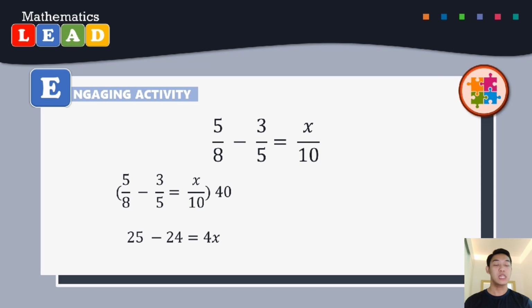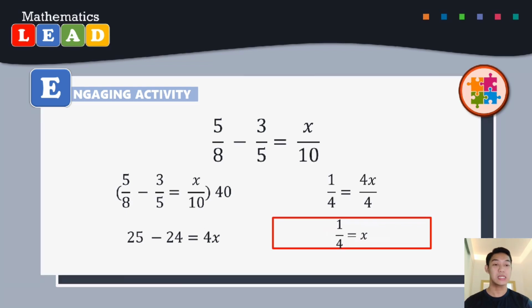Now, what about 3/5 of 40? 40 divided by 5 is 8, and 8 times 3 is 24. And the last one, 40 divided by 10 is 4 times x, and that's 4x. 25 minus 24 is 1, and so x is equal to 1/4. So that is the answer.